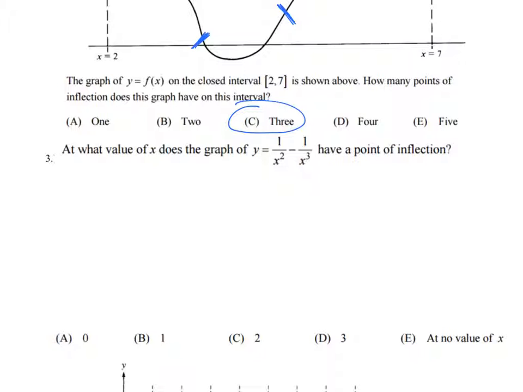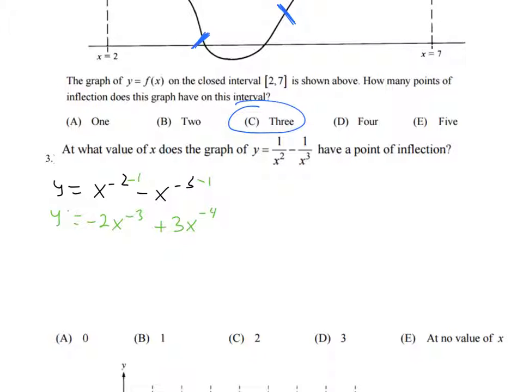This one was a little tricky because in order to take the derivative, we should rewrite this as x to the negative 2 minus x to the negative 3. So now that I've rewritten it so that we can take the derivative, y prime is equal to negative 2x to the, when we subtract 1 from that exponent, we get negative 3, plus 3x to the negative 4.